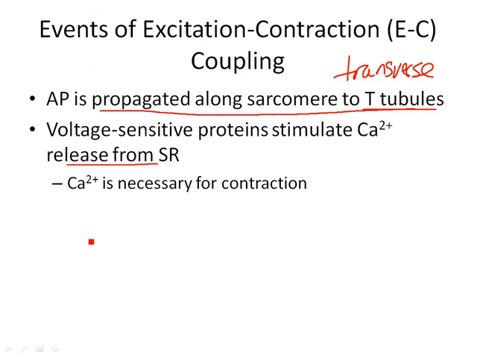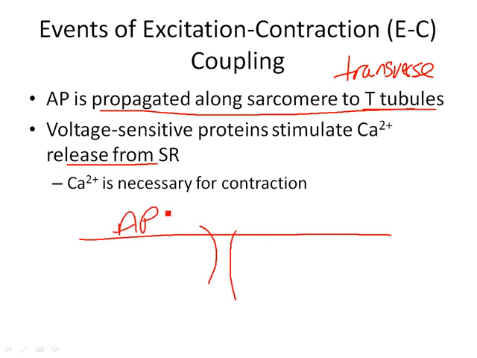So when that action potential goes down the sarcolemma into those T tubules, there's a voltage change that allows calcium to be released. And then once you've done this, you have now released your trigger for contraction.